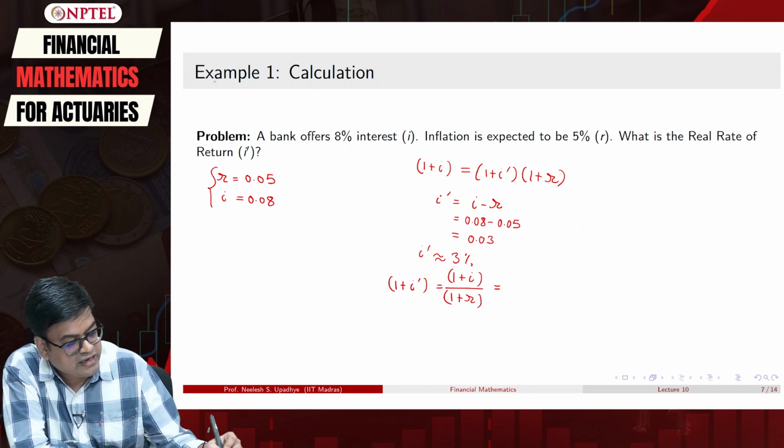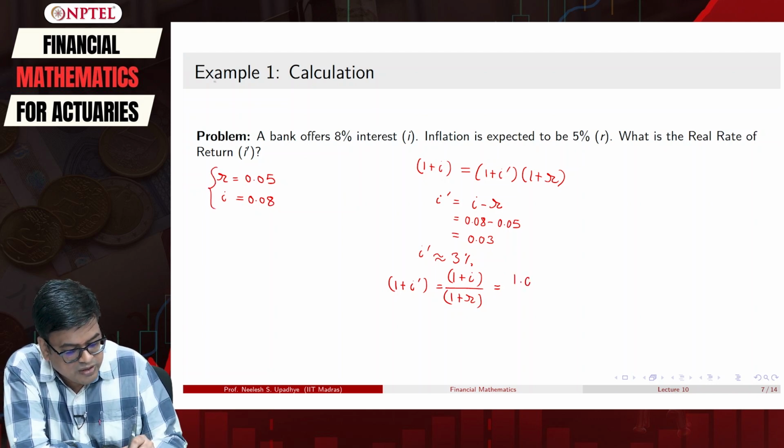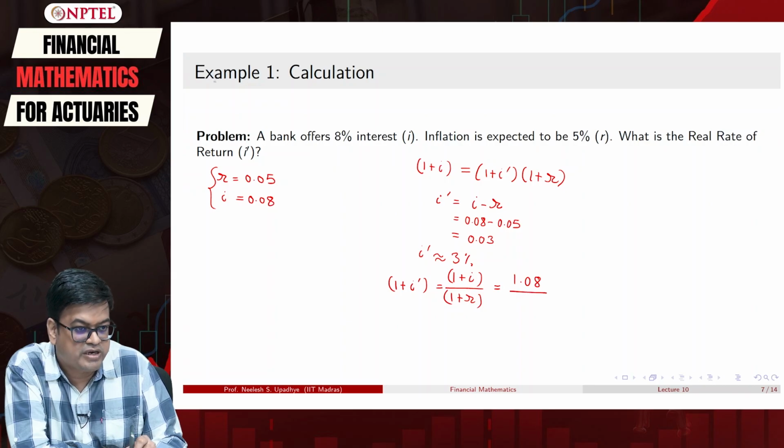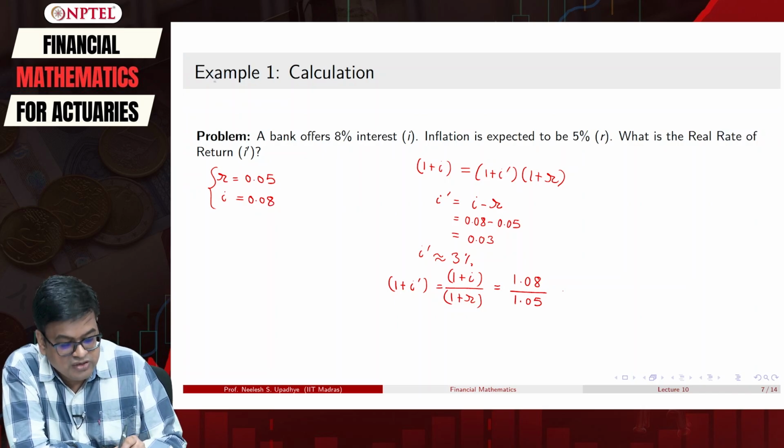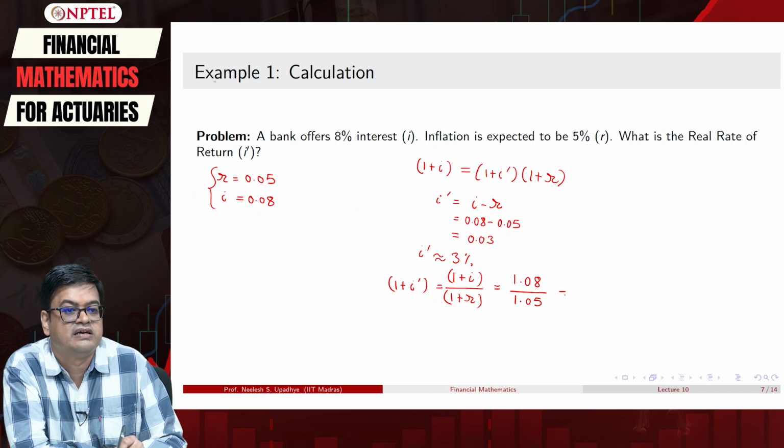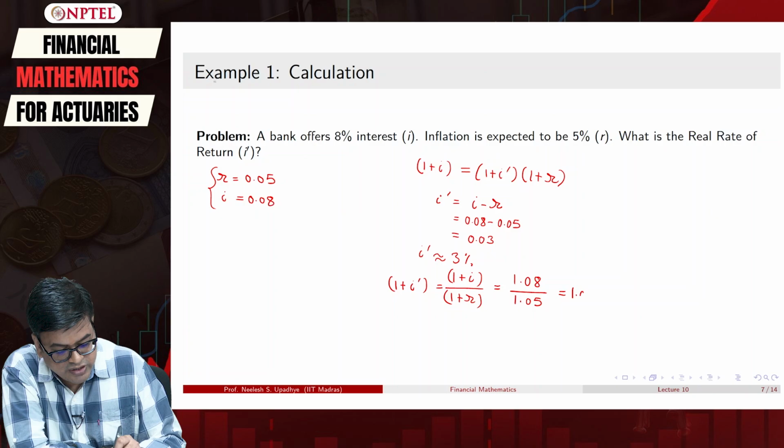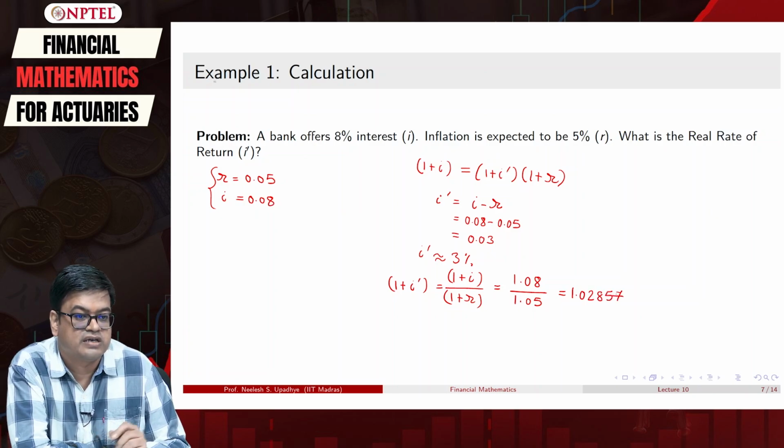With these R and I values, this is going to be equal to 1.08 in the numerator and 1.05 in the denominator, and you can easily use your calculator and see that this is going to be 1.02857.